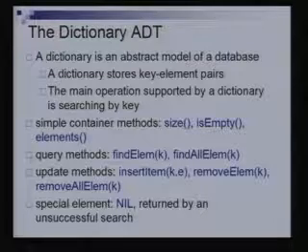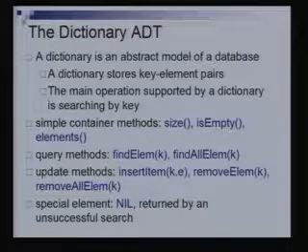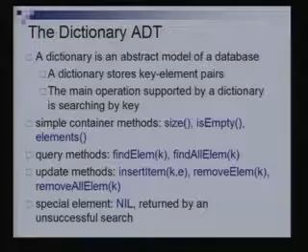Without the key, it would be very difficult for us to search through this wealth of data, through this database. We will have a special element nil, which will be returned by an unsuccessful search. That means that if I am searching for a particular key and there is no element with that key in my dictionary, then my procedures would just return a nil. This is some special element.